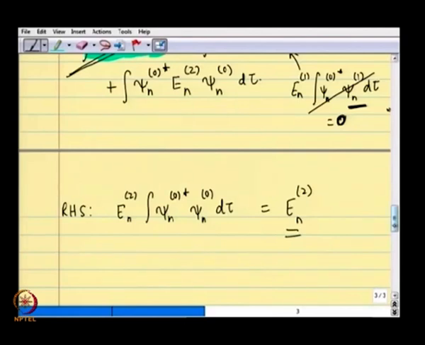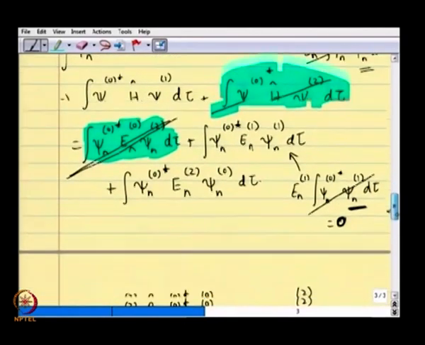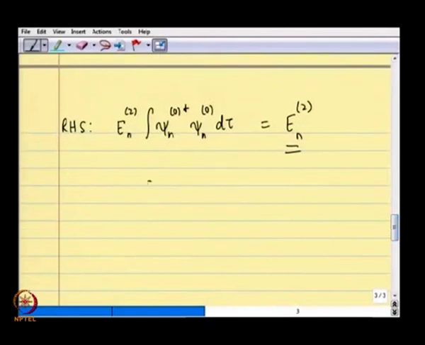What does the left hand side contain? It contains again only one term, namely this term, the integral of psi n 0 star h 1 operator psi n 1 d tau. Please note that the h 1 does not act on the wave function to give you your diagonal correction, because h 1 is a perturbation.